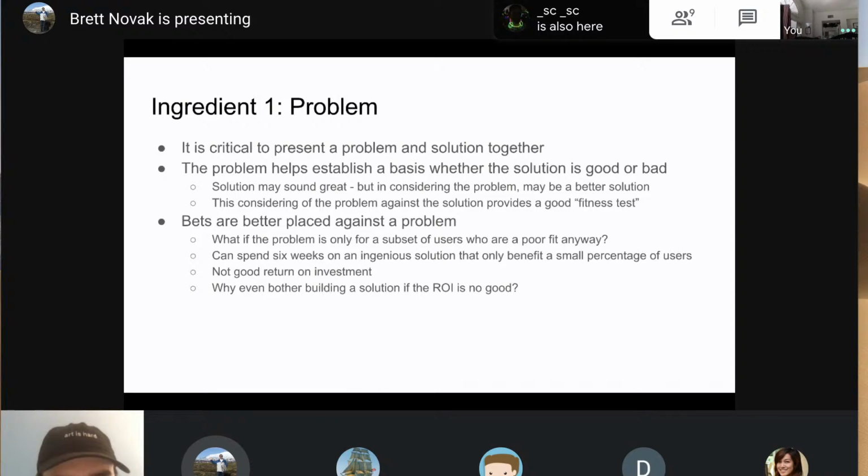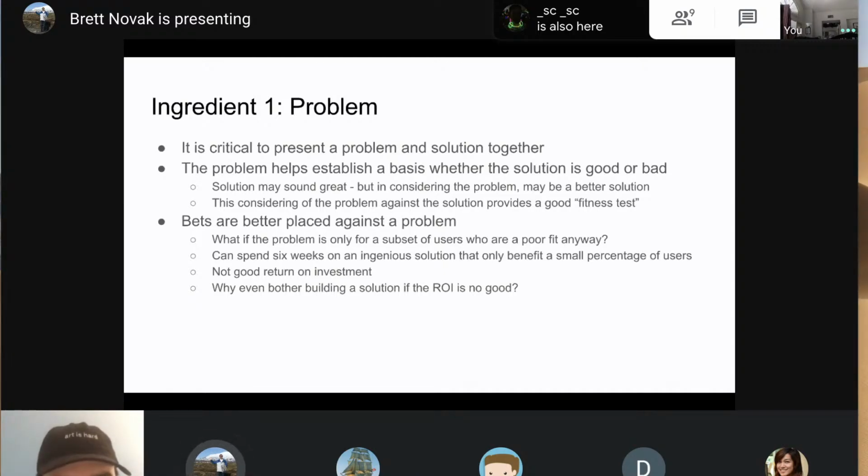And this considering of the problem against the solution provides a good fitness test. Bets are better placed against a problem. What if a problem is only for a subset of users who are a poor fit anyway? We can spend 6 weeks on an ingenious solution that only benefits a small percentage of users, so it's not a good return on investment.